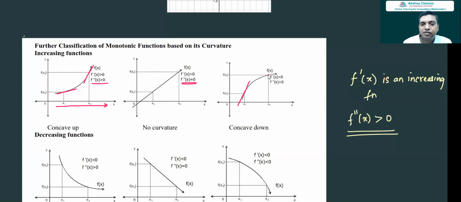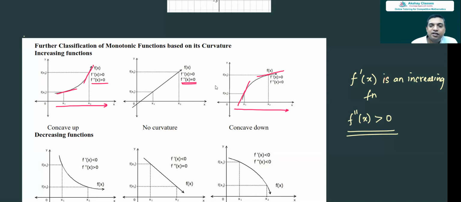This is the tangent, and at x2, I'm drawing a tangent. Now the slope of the tangent at x1 is higher than the slope of the tangent at x2. So as I'm moving from left to right, my slopes, f dash values, are decreasing.